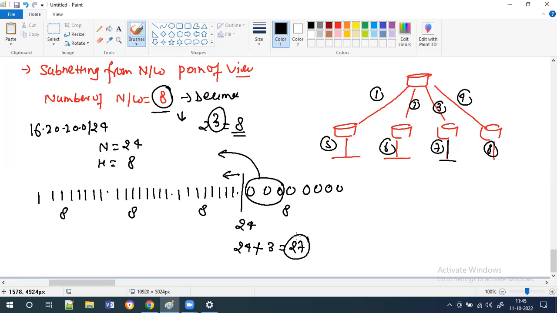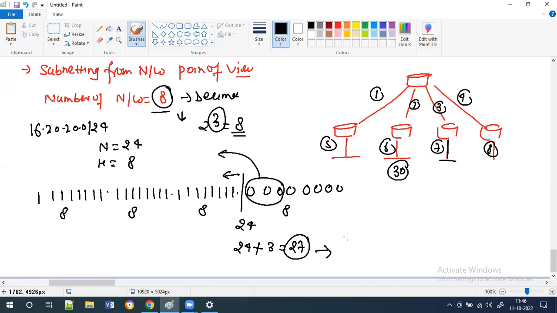Last time we were considering the 30 here and then adding plus 2. Why? Because we were doing subnetting from the host point of view. This time we are doing subnetting from the network point of view. We don't have to consider that; we just have to consider the network. Then slash 27. If you get the slash 27, after this all the process is the same.